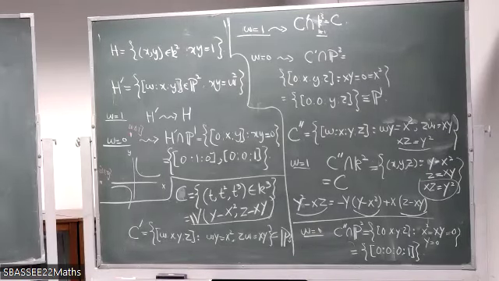So let me remark that the smallest projective variety containing V is the same as the closure, which makes sense because the closure is the smallest closed set which contains your V, and a closed set here is just a projective variety.